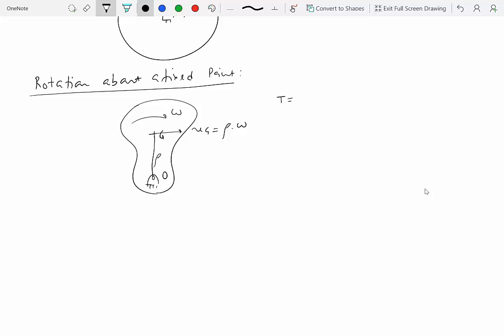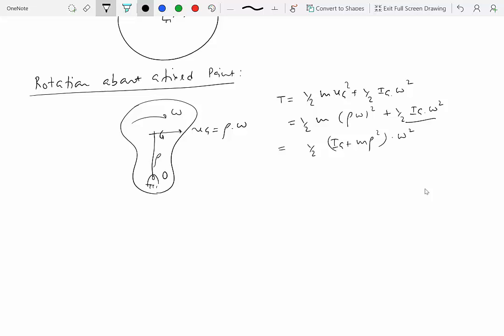Then kinetic energy for this rigid body is 1/2 m vg squared plus 1/2 Ig omega squared. Vg, because this is rotating about a fixed point O, is rho omega, whole squared, plus 1/2 Ig omega squared. So this is 1/2 (Ig plus m rho squared), I'm writing this term first, times omega squared.